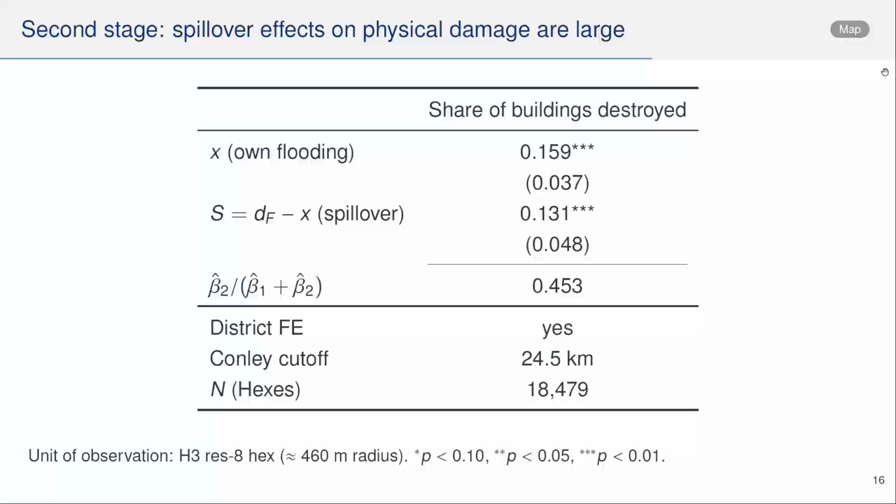I find that a 1 standard deviation increase in the flood intensity in your own location increases the share of buildings that was damaged by 15%. And I also find a very large spillover effect, which is extremely weird, because how could flooding somewhere else destroy property here?